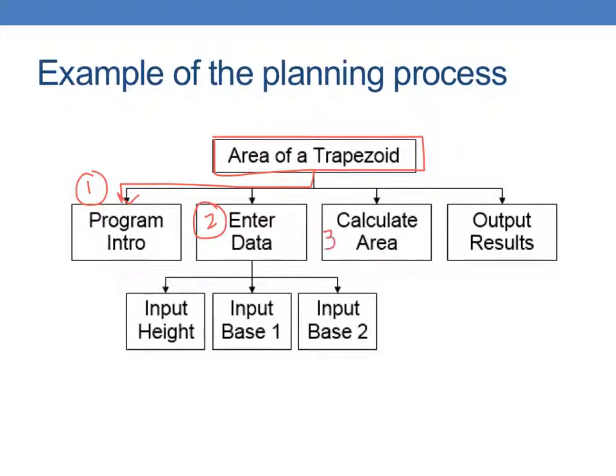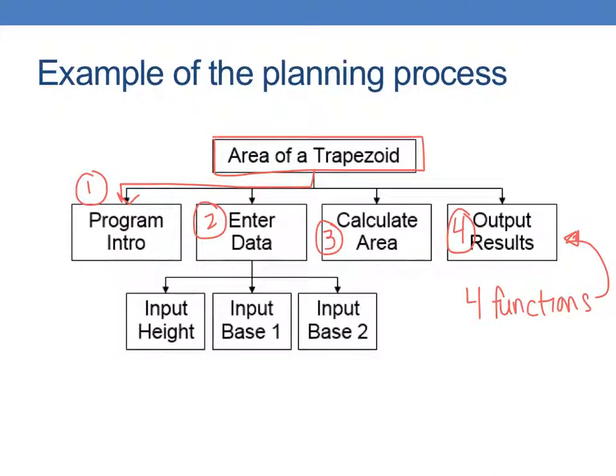The third is that I need to have them calculate the area. And the fourth is that I need to output my results. Those 4 big tasks are my 4 functions that I could write to make this program structured.